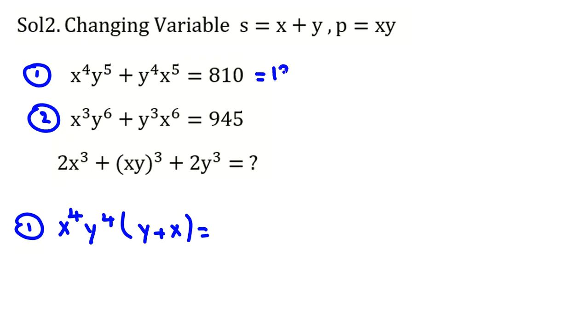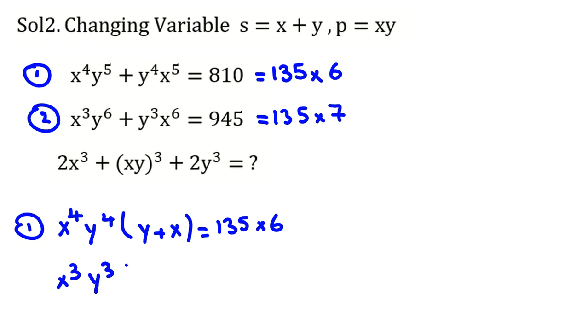In solution number 1, we wrote it as 135 times 6, and this one 135 times 7. So the first one is 135 times 6. The second equation will be x cubed times y cubed. We factor, and y cubed plus x cubed is left, is 135 times 7.